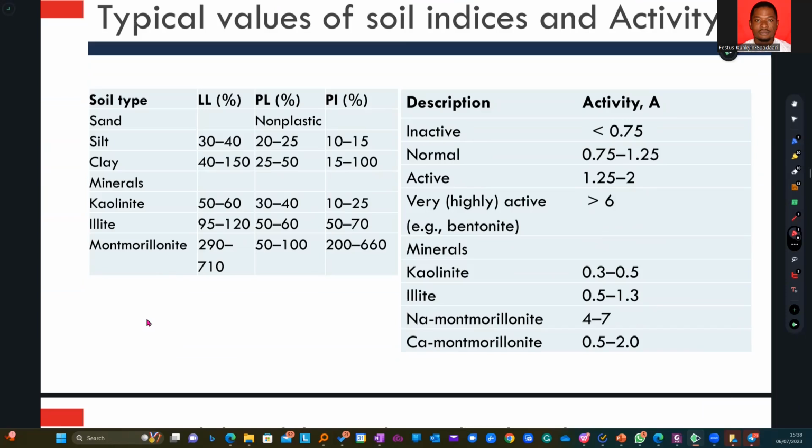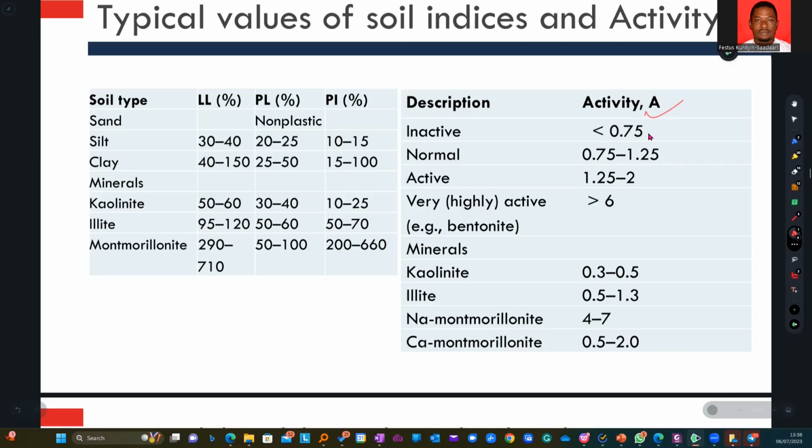So then this table is showing us some of the values we need to know. When you are given a question and you are asked to determine the activity, after determining it, you may be asked to describe the soil sample based on the activity value you have gotten.